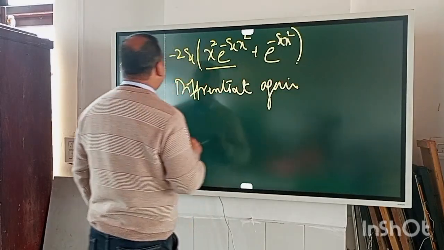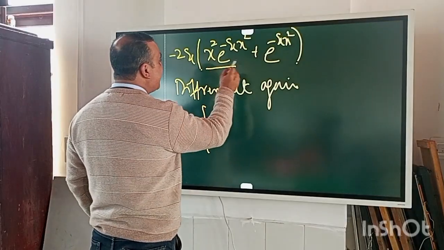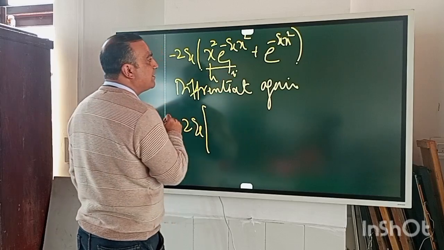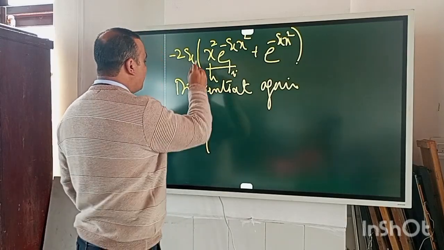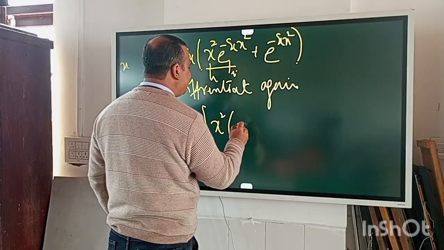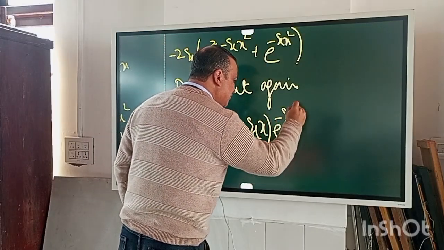If I have to differentiate this again, minus 2 zeta will be like this. Now again I have the uv rule, so this is my u and this is my v. So u as it is into the differentiation of v is minus 2 zeta x e to the power of minus zeta x squared.